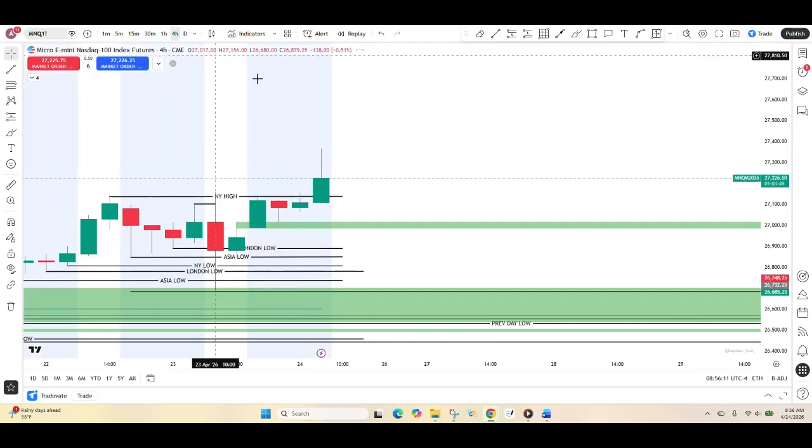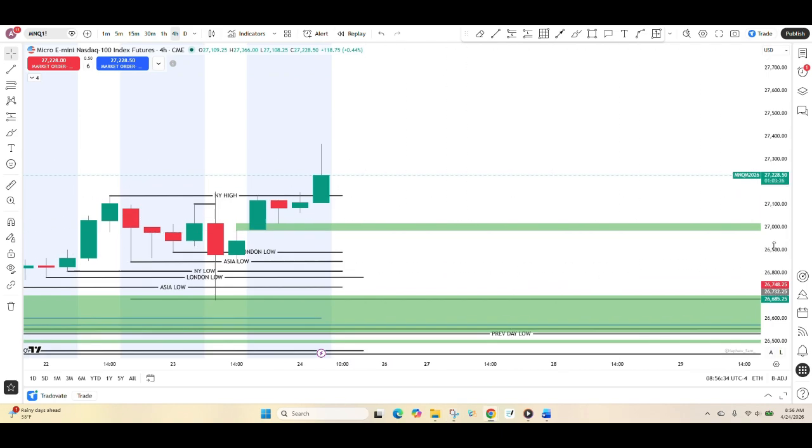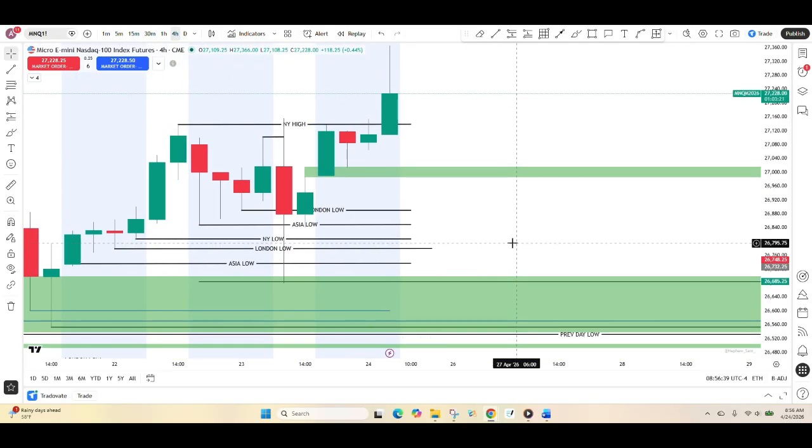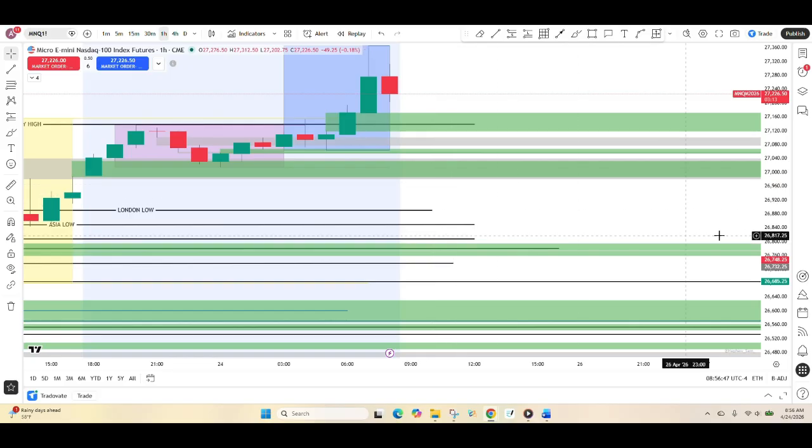Down to the 4 hour. I'm looking for any levels. See any? Going to drop down to the 1 hour, mark out previous session highs and lows.